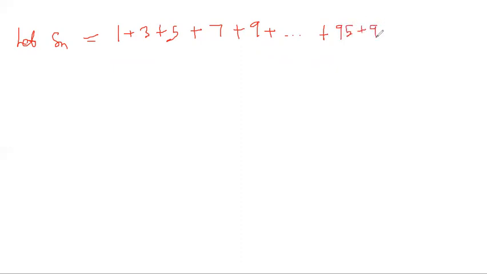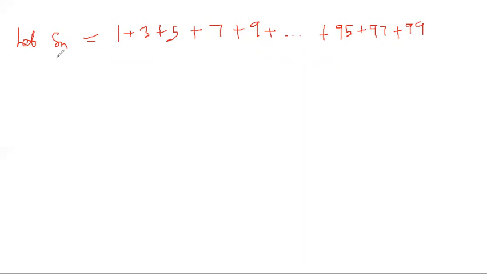So we begin by letting Sn, the summation, be 1 plus 3 plus 5 plus 7 plus 9, then we can pull some, beginning from 95, 97, then 99. Are we okay? So we begin by letting the sum be this.